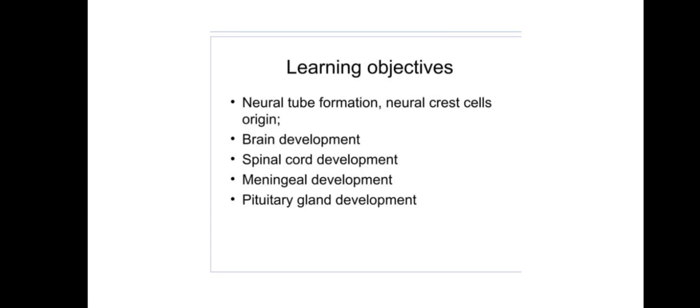The first bulge, which occurs at the anterior part of the neural tube, is called the proencephalon. The second, or the middle vesicle, is called the mesencephalon, and the third vesicle is called the rhomboencephalon. Now let me show you the slide of that.